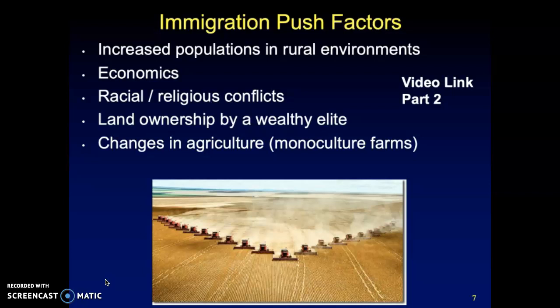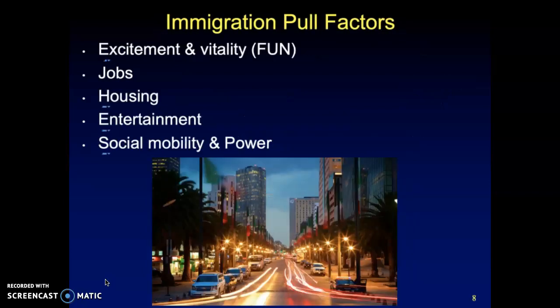If we don't want the immigrants here, are there things we can do to help minimize that immigration? Or if we're trying to encourage immigration to our communities, can we enhance the pull factors to say we want more immigrants here? We want our populations to grow because it gives us all these benefits. So there's pros and cons to all this. We need to weigh it out to make educated decisions.